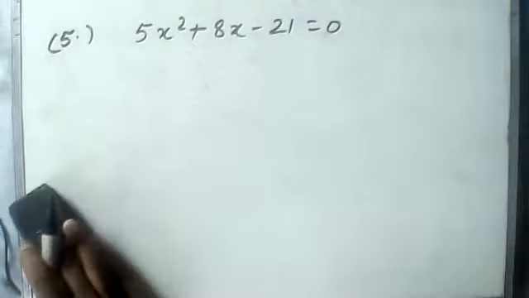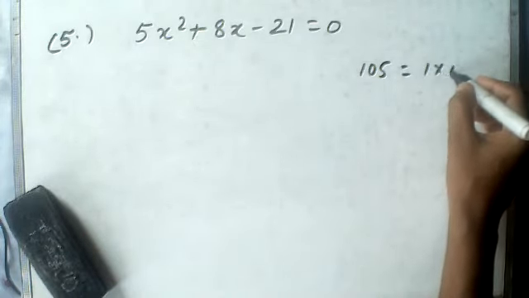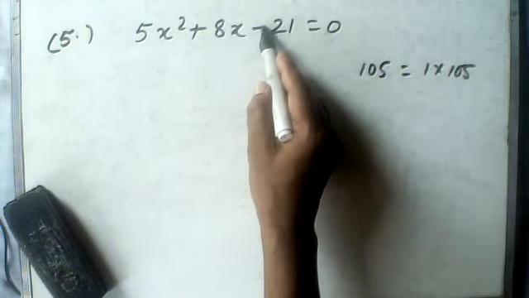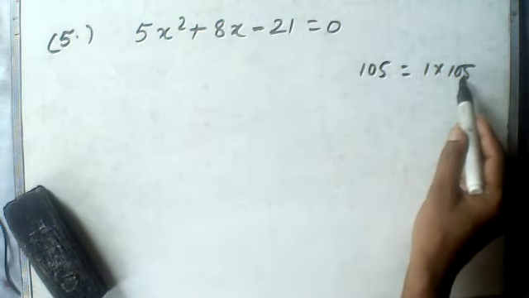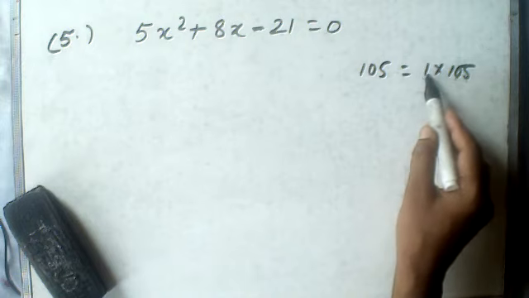Or this way also you can do: 105 is 1 into 105. Since there is a minus, the difference is 105 minus 1, which cannot be 8.